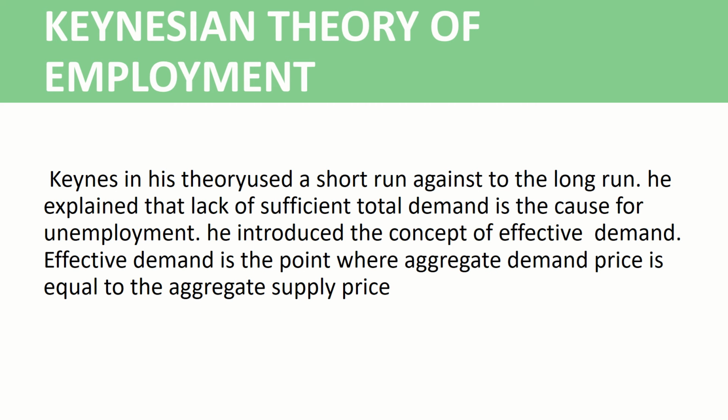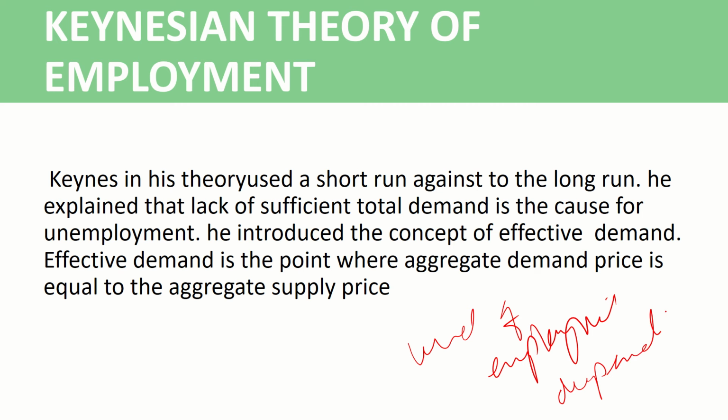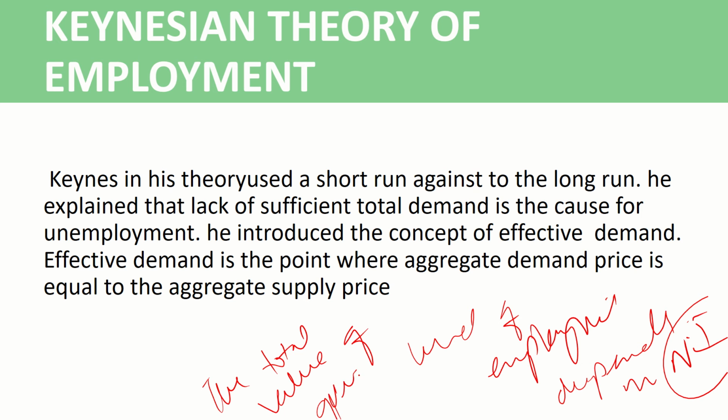Now, in this Keynesian theory of employment, the level of employment depends on national income. So, what is national income? That is nothing but the total value of goods and services produced in a year, called national income.